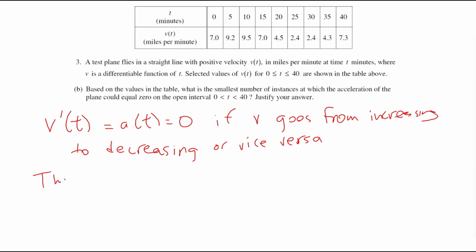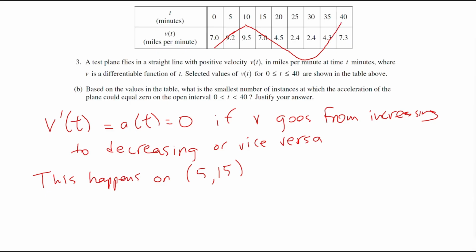So we can say this happens on the interval 5 to 15, because we went up here, but then down here. And then we continued going down, and we were flat here, and then we went back up.